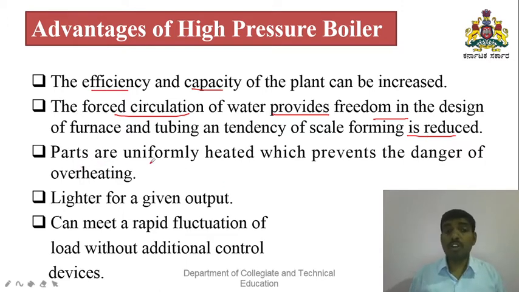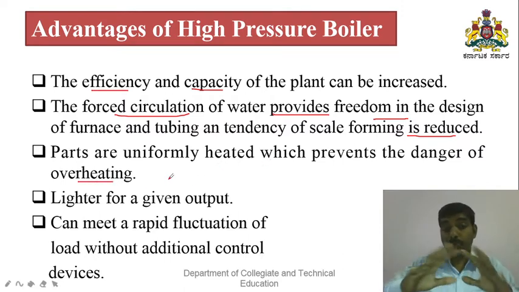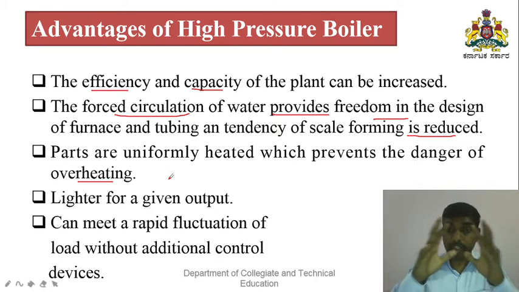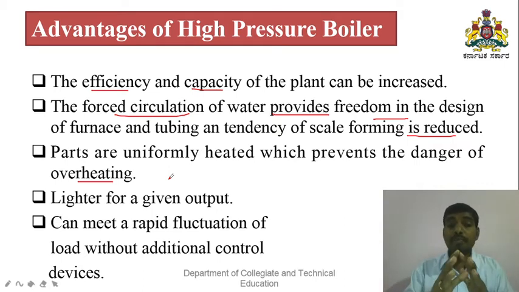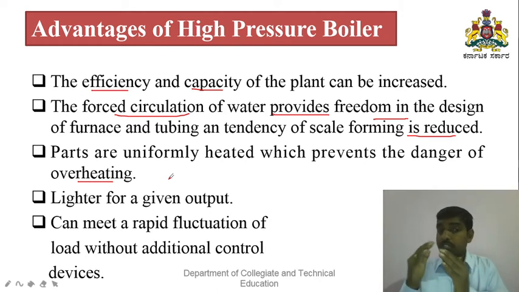Third, the tubes are uniformly heated, which prevents the danger of overheating. Here all the tubes are placed at the same distance in the same manner, and it is constructed uniformly.